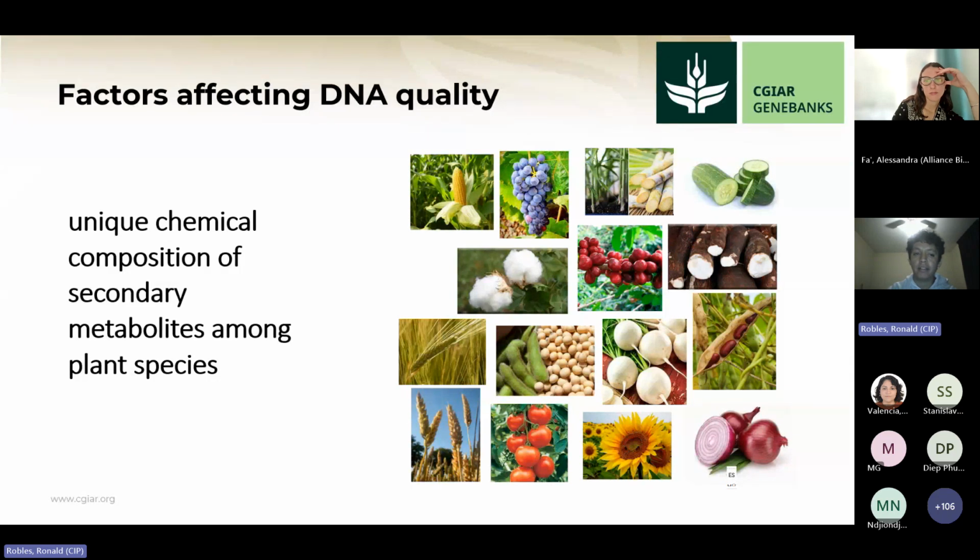And this variety gives us a lot of diversity, not only in terms of genetic diversity, but also we face a different composition of leaves. And this difference makes each species we work with a very different world.